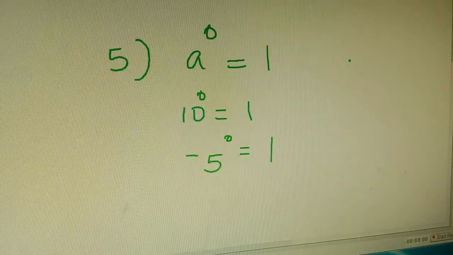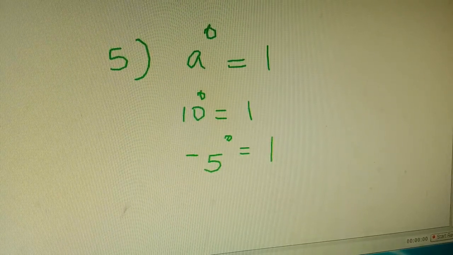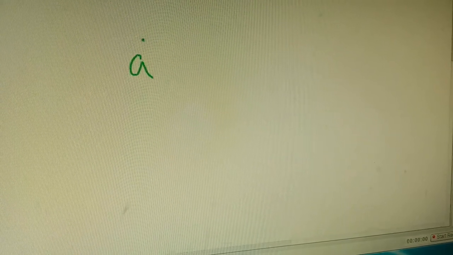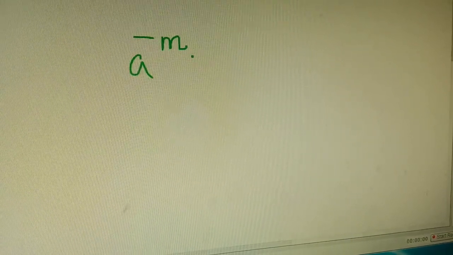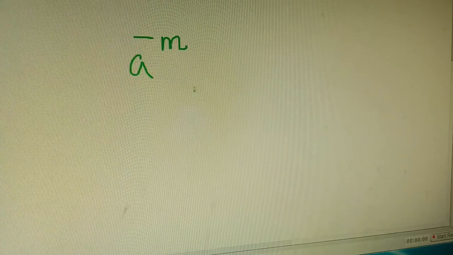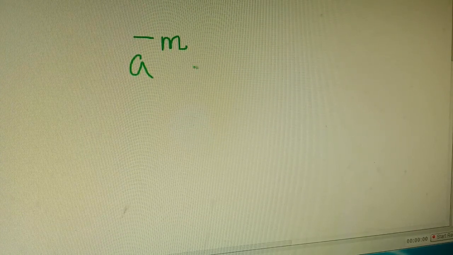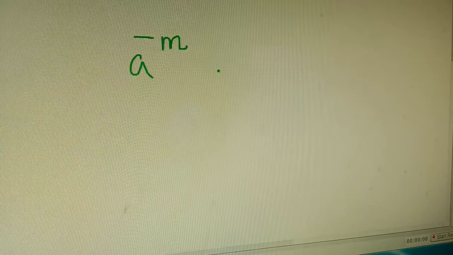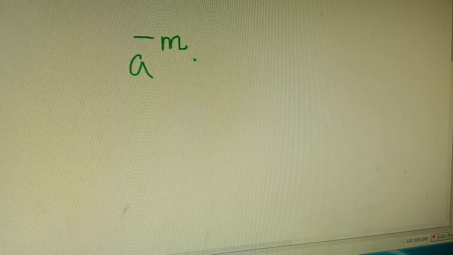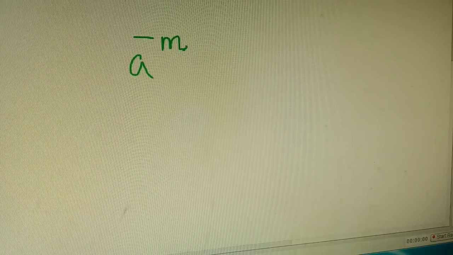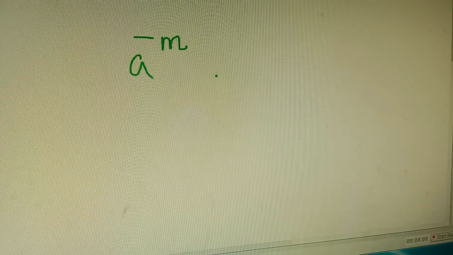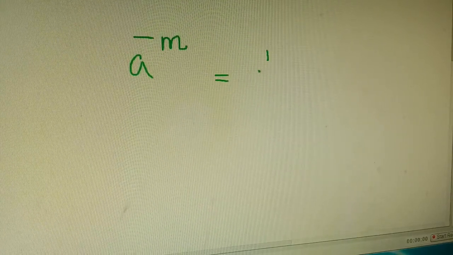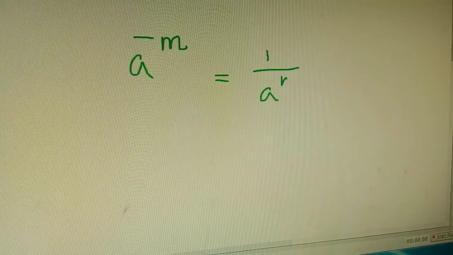Now listen to the next law, which is some more important. Here a to the power of negative n. Here the power is a negative number, a negative exponent. Then what is actually this negative exponent? a to the power of negative m is equal to 1 by a to the power of m.